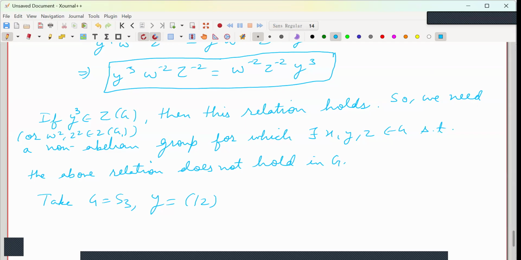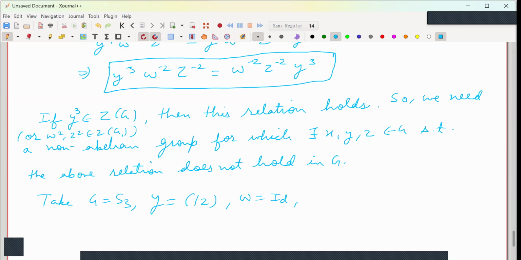So we should look for w and z such that both squares are simultaneously not inside the center. One of them we can definitely take to be identity, I think that won't create a problem. But the other we need to take such that its square is not inside the center. So if I take w to be identity, then w will vanish from here.